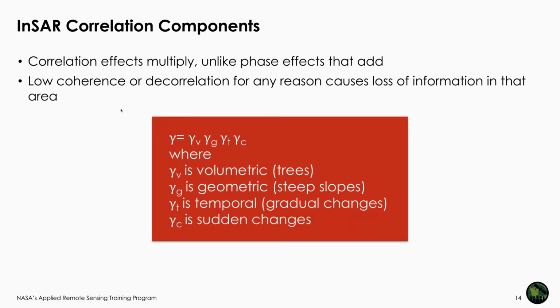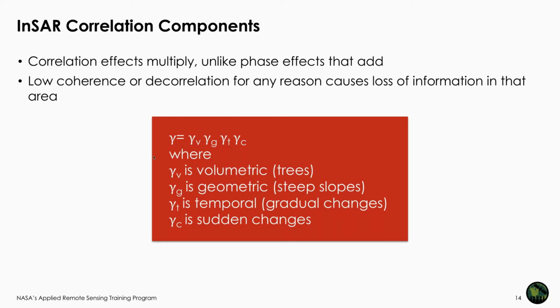Unlike phase, which includes different components that are added together, the correlation effects are multiplied together. We usually use this Greek symbol, gamma, to measure correlation.